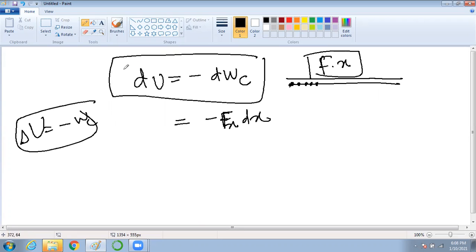If I integrate F dot dx, I will find the total work done, which is equal to the change in potential energy. Clear?